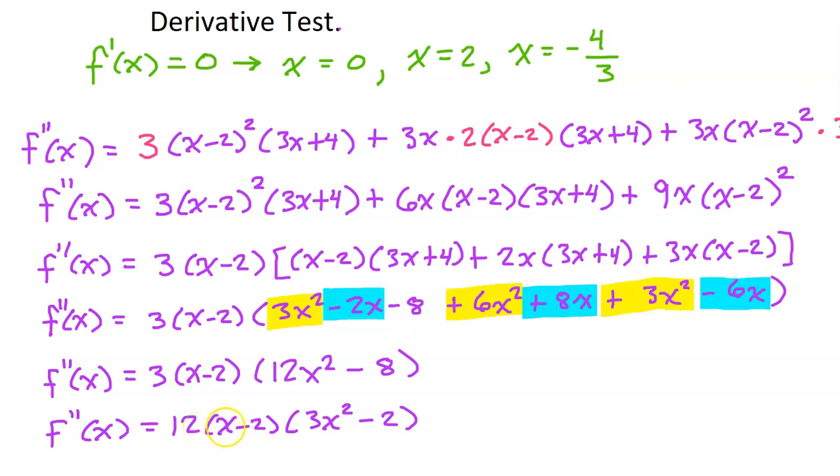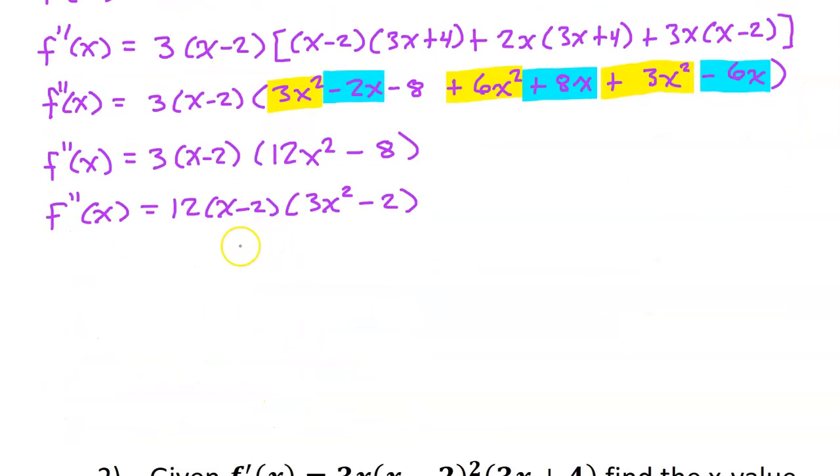Is it less than 0 or is it greater than 0? So let's start with x equals 0. Let's plug that in. So I need to find f double prime at 0.